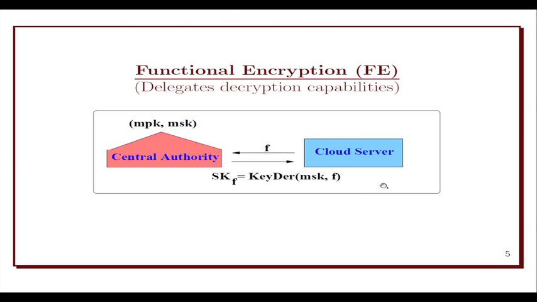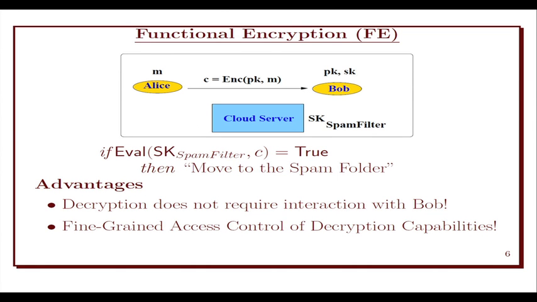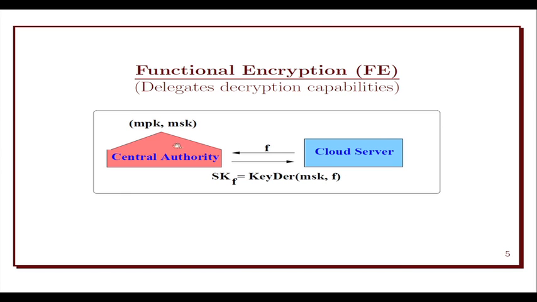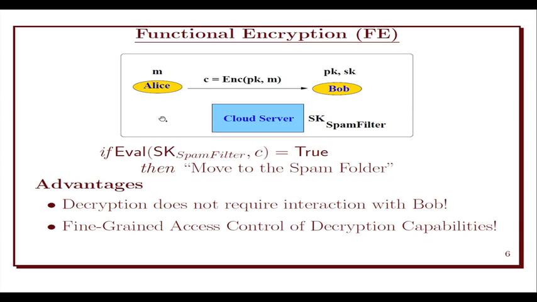So here the involvement of the authority is not required. We will take an example of this functional encryption. Suppose we choose the functionality as the spam filter. The cloud server requests the central authority by sending this functionality, spam filter, and asks for a secret key corresponding to that functionality.